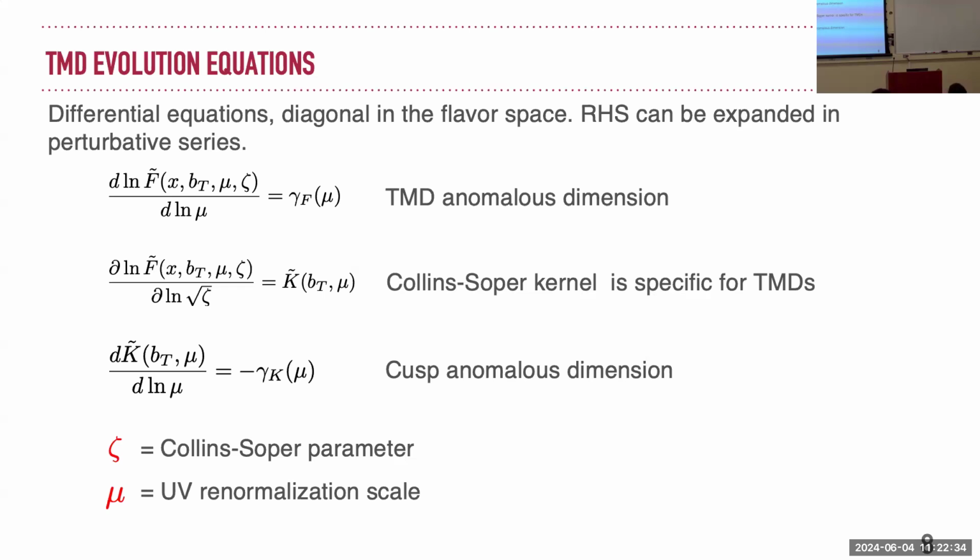It's d log f over d log square root of zeta equal to gamma F of mu, 1, because at some point I'll introduce my scale zeta 0, and I'll use zeta 0 equal to mu squared, and therefore I have 1 here. And we will have minus 1/2 of gamma K of the log of zeta over mu squared. So now let me go to here.